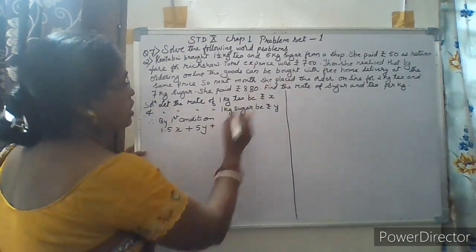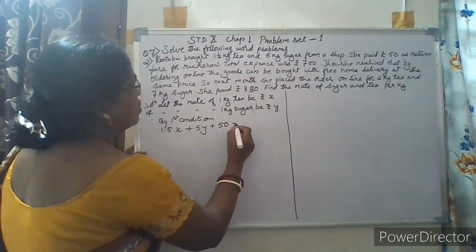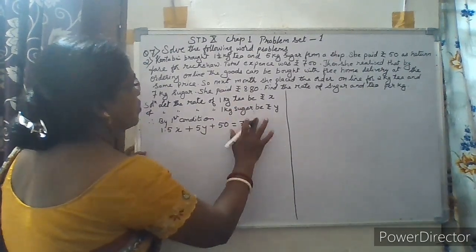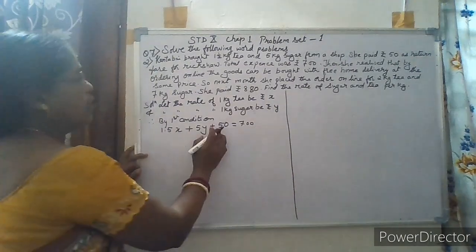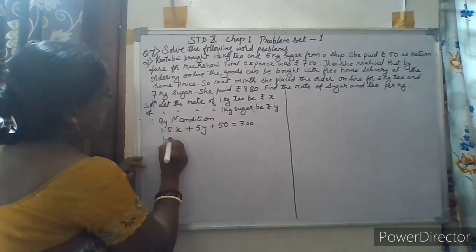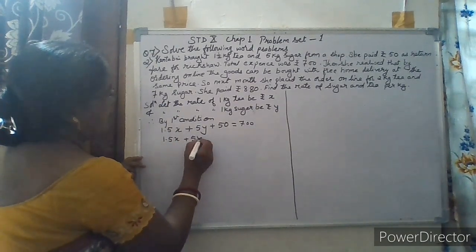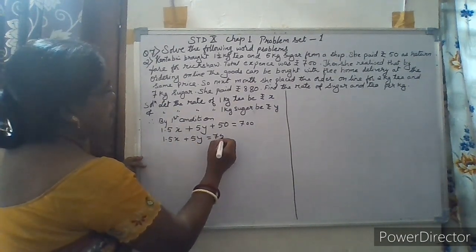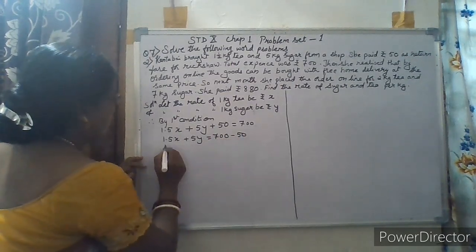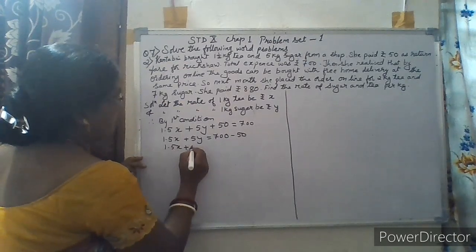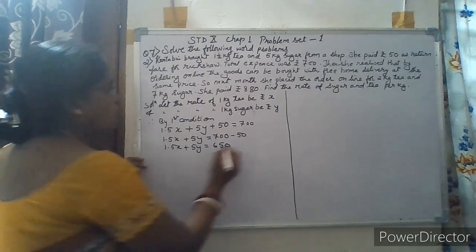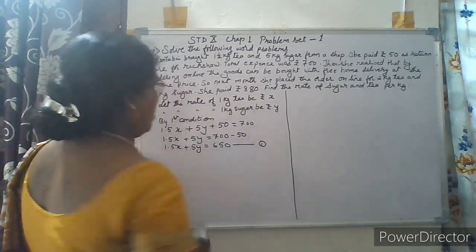Plus the return fare is 50. This total expenditure is equal to 700. Now, we can take the numerical value 50 to the other side. So, it is 1.5x plus 5y is equal to 700 minus 50. So, it is 1.5x plus 5y is equal to 650. So, this is equation 1.